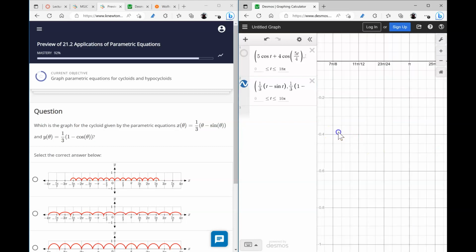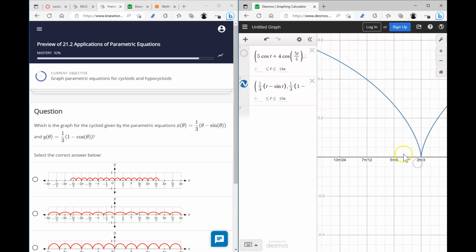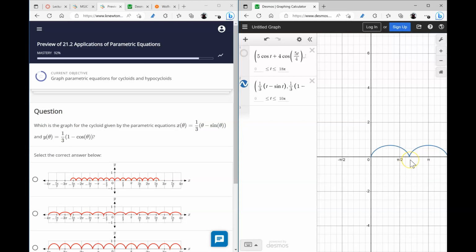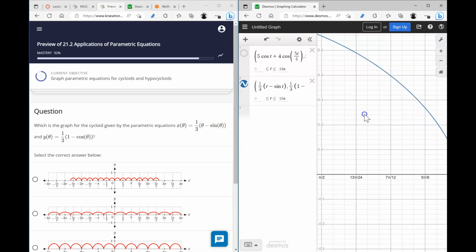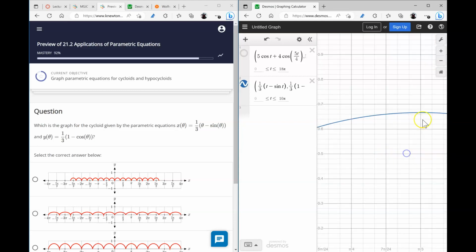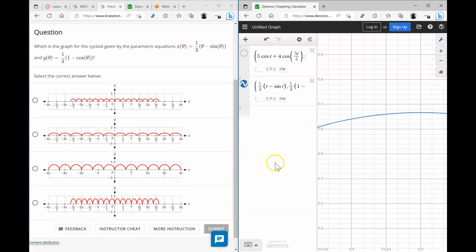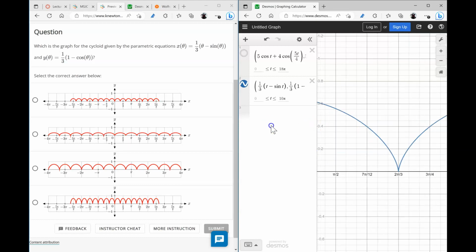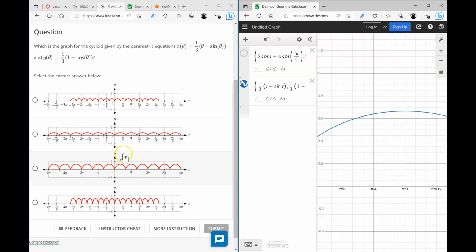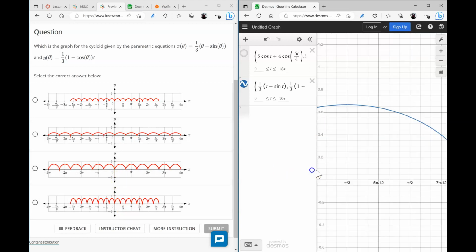So again, we're looking at the cusps. So this one is at 2 pi over 3, right? And the height is at roughly between 0.6, 0.7. So 2 pi over 3. Which one of them looks like it cusps at 2 pi over 3?